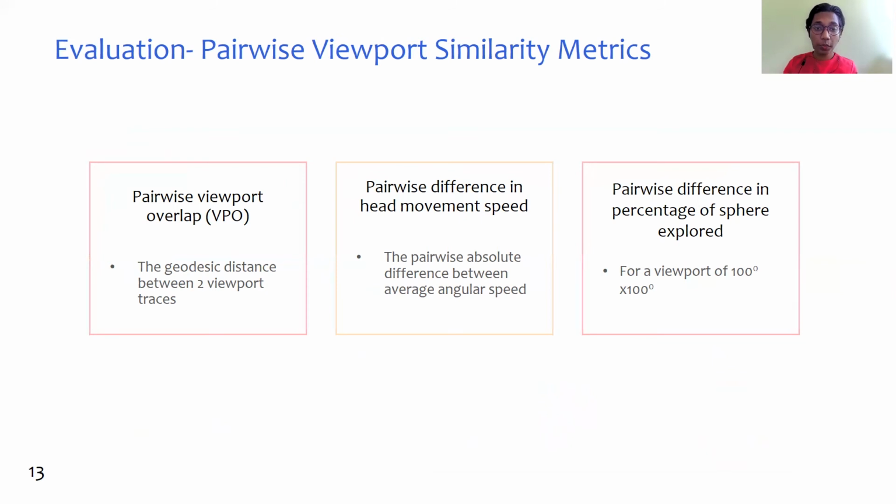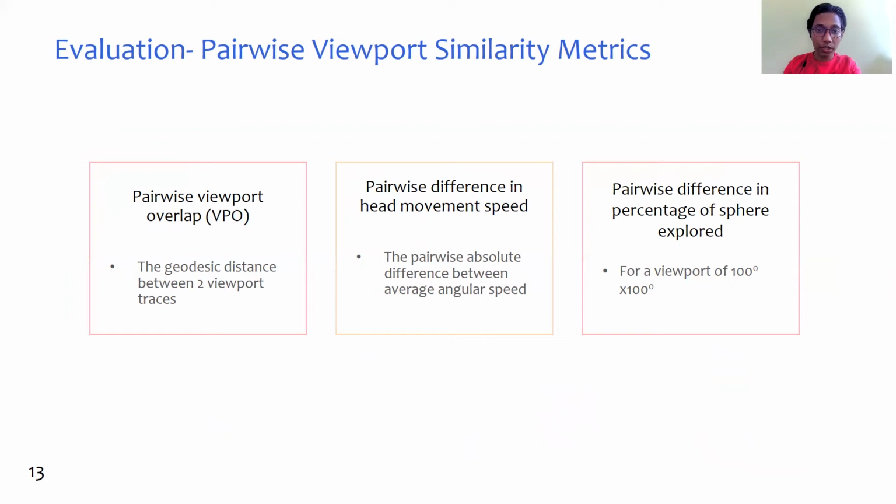For evaluation of the proposed clustering algorithm, we define 3 pairwise metrics to quantify the similarity of 2 viewport trace chunks. The first metric, the pairwise viewport overlap, measures the spatial coherence of 2 viewport traces by calculating the average geodesic distance between 2 corresponding sample points of the 2 viewport traces.